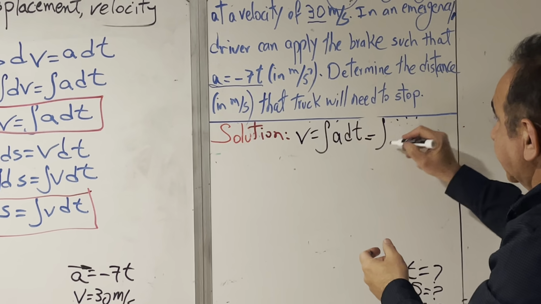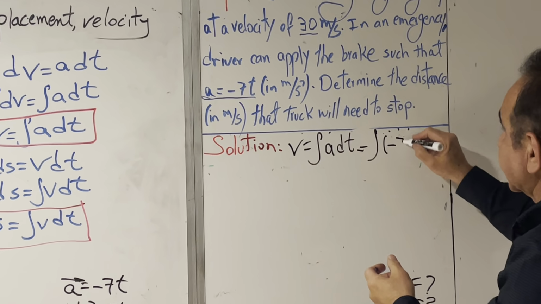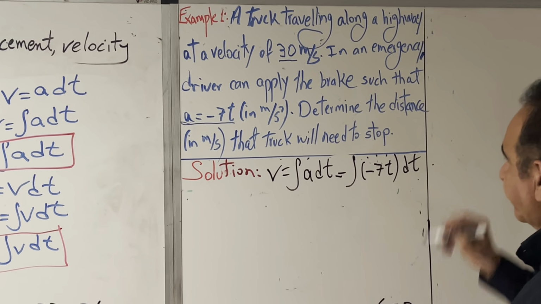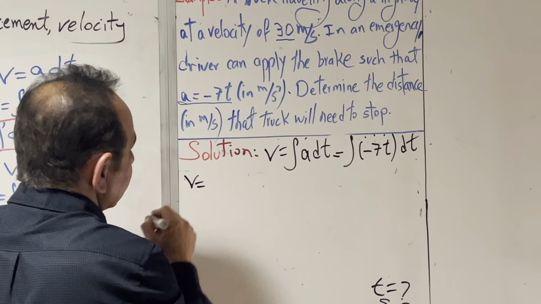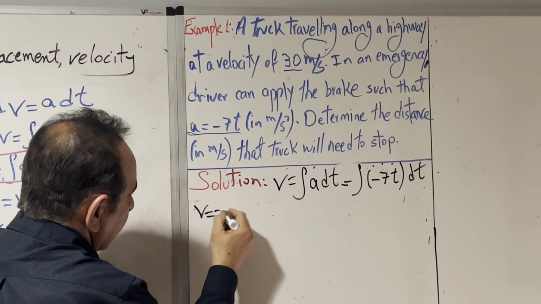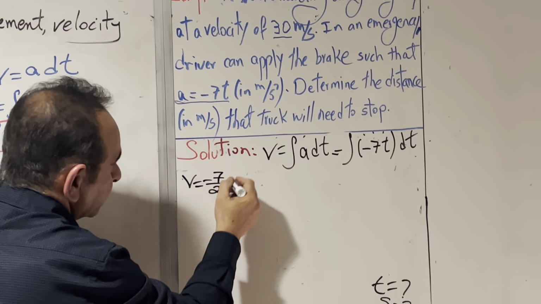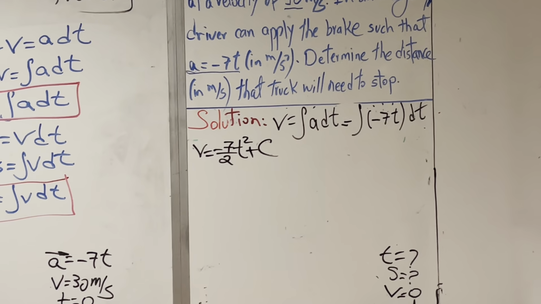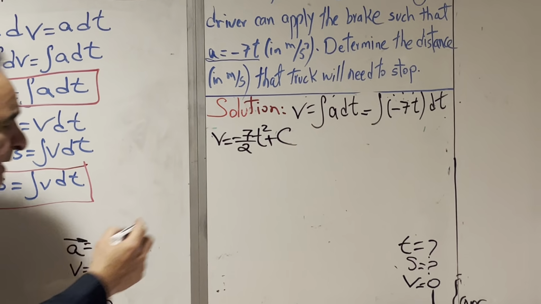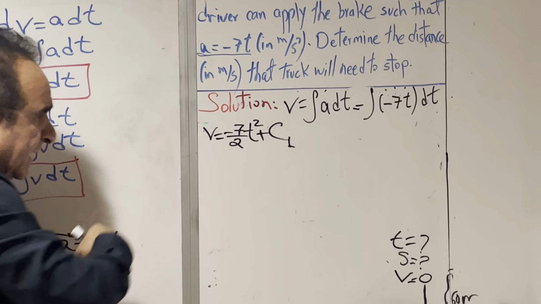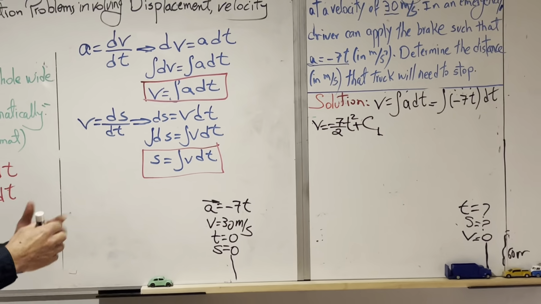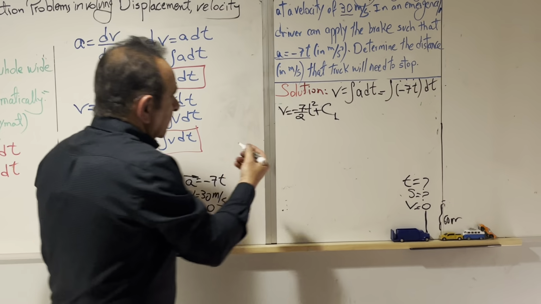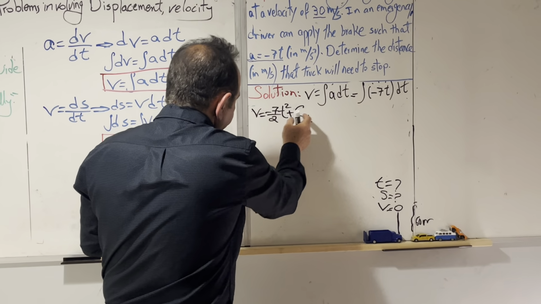We can write integral of minus 7t dt, or velocity will be minus 7 over 2 t squared plus C, the constant of integration. We can call it C1, as we will need to integrate one more time. And to avoid confusion, the second one we will call C2. We need to find C1.